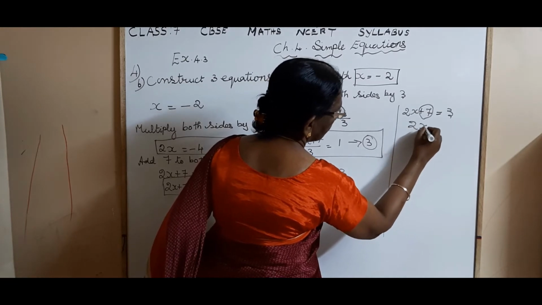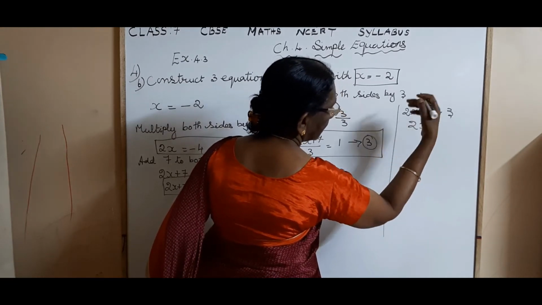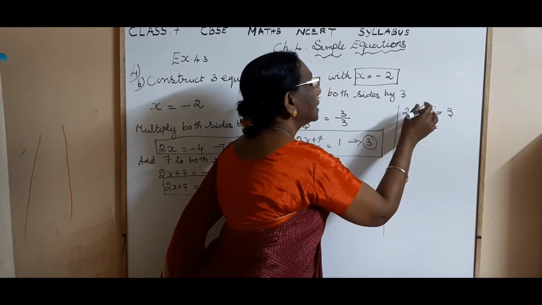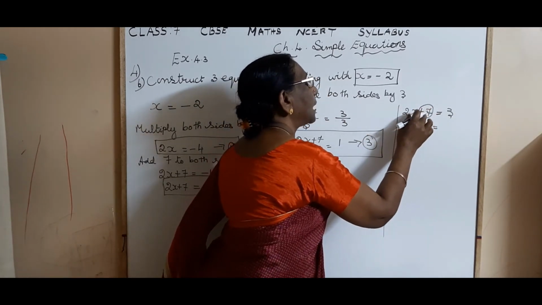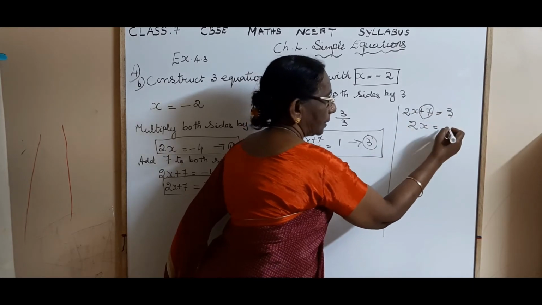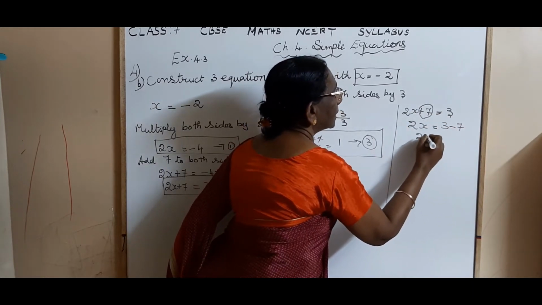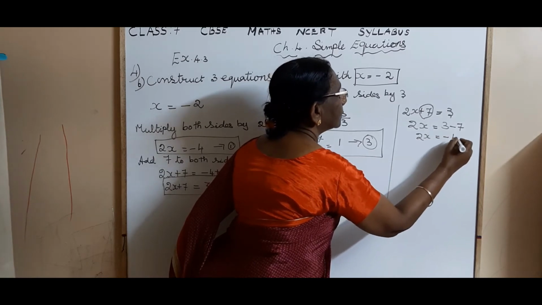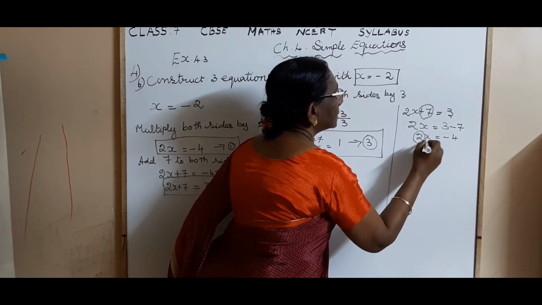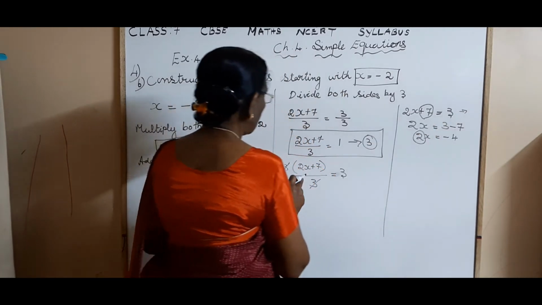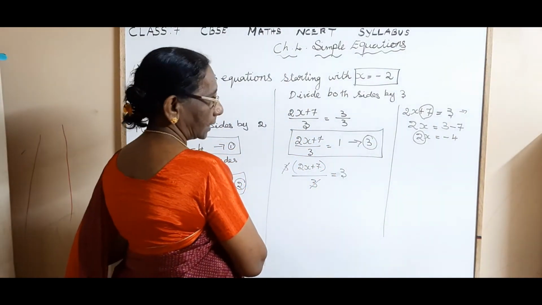Next you have to eliminate this 7. So 2x is equal to, when you are transposing 7 from LHS to RHS, it will be -7. 3 minus 7. That is 2x is equal to -4. Now you have to eliminate this 2. So are you getting this equation? From here to here, you are getting the second equation.